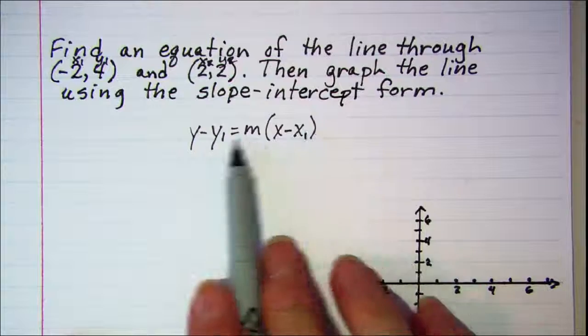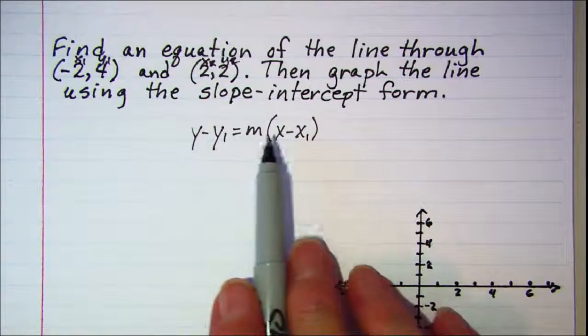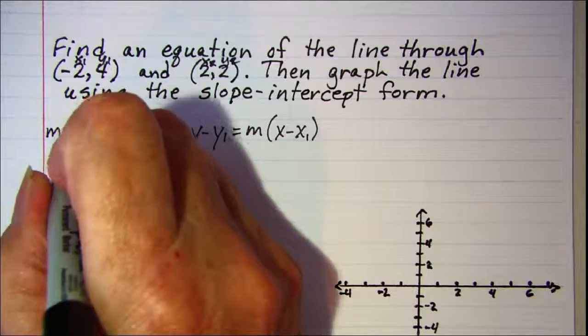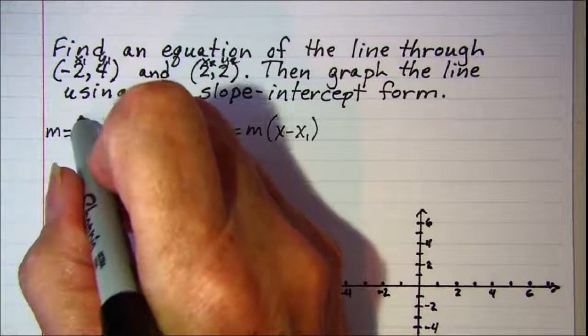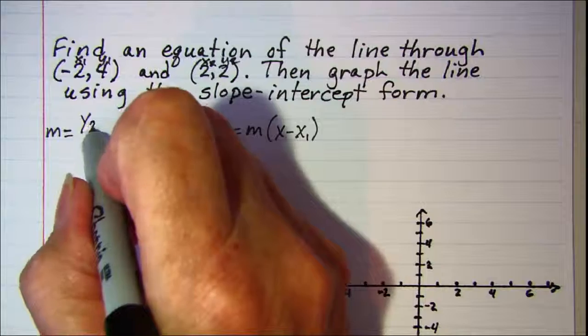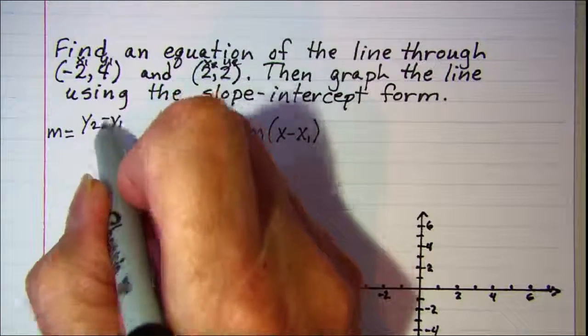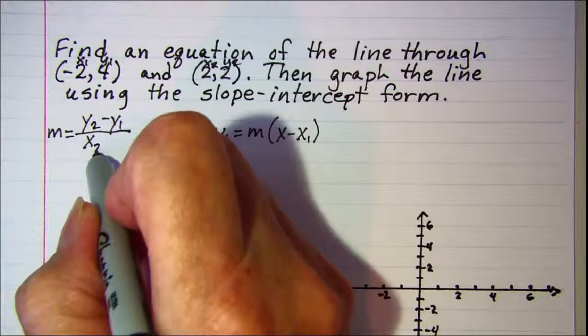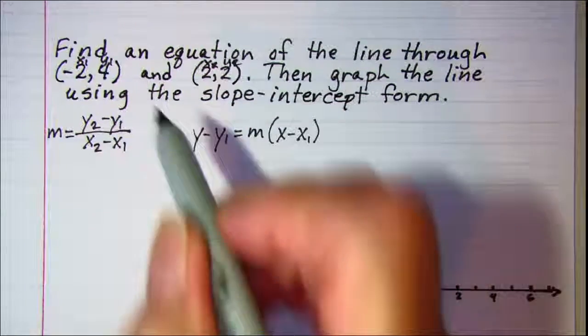And so to use point slope, I still need an m. So my m, or my slope, we find by taking the change in y, so y2 minus y1, divided by the change in x, which would be x2 minus x1.